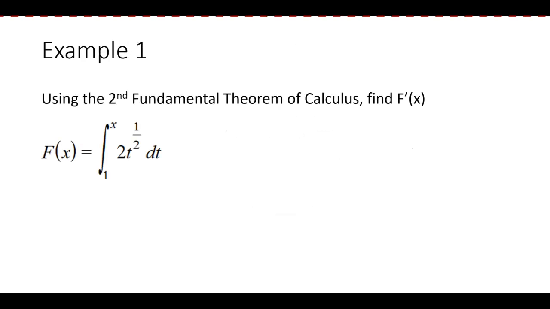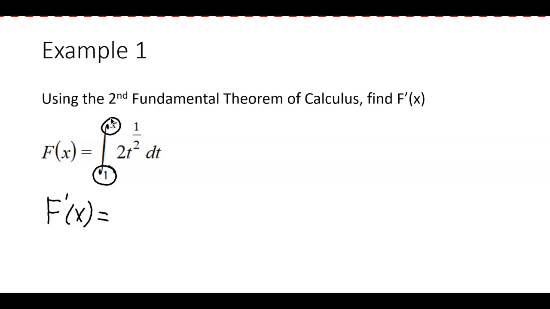Let's go ahead and take a look at example 1. All right. Using the second fundamental theorem of calculus, find f prime of x. All right, so do I have a constant down here? Yes. Yeah, and just an x up here, right?